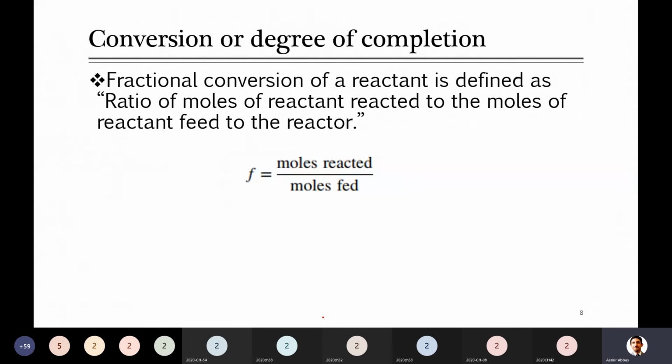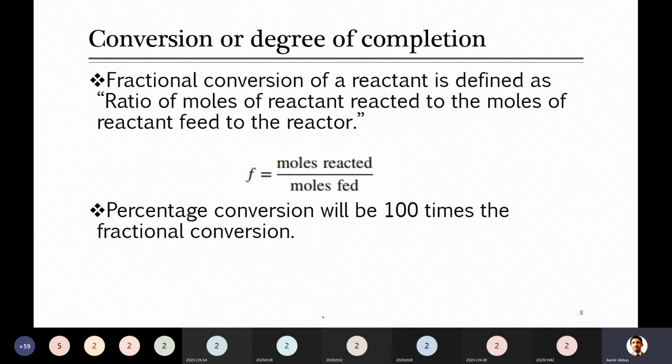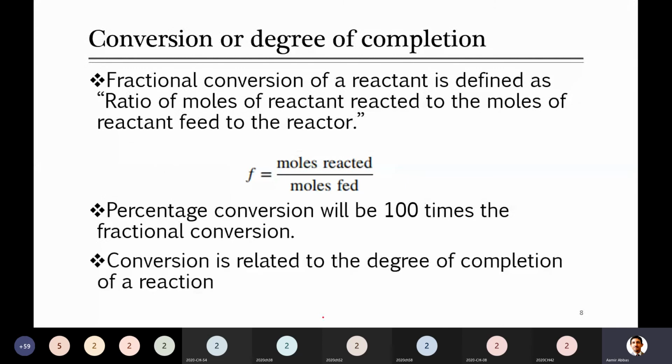So moles reacted, for example, in the last question which we were just discussing, before that, you can find the percentage conversion by multiplying this equation by 100. This conversion is actually related to the degree of completion of a reaction, which we just said: if the reaction is 100% complete, it means there will be full 100% conversion of any reactant.